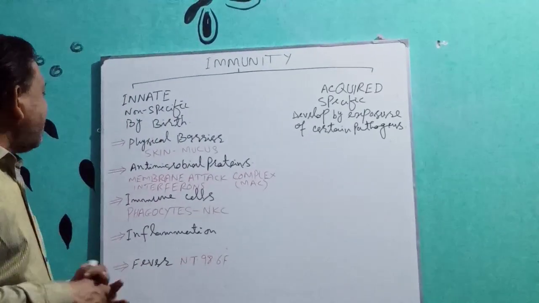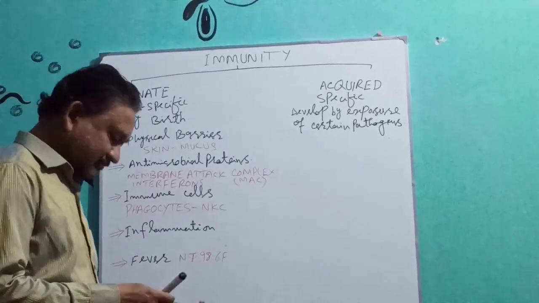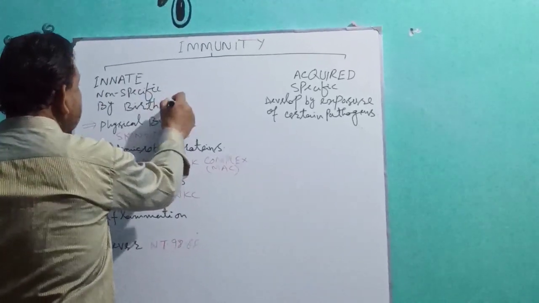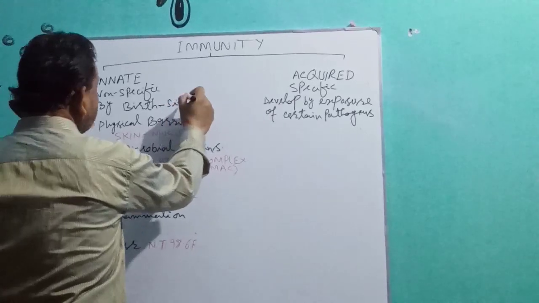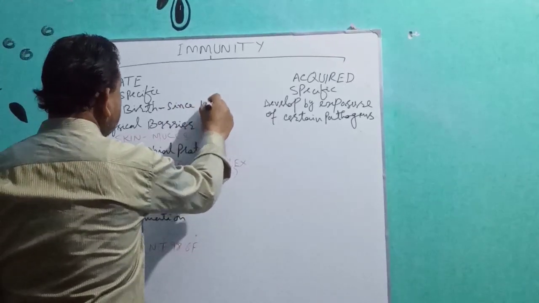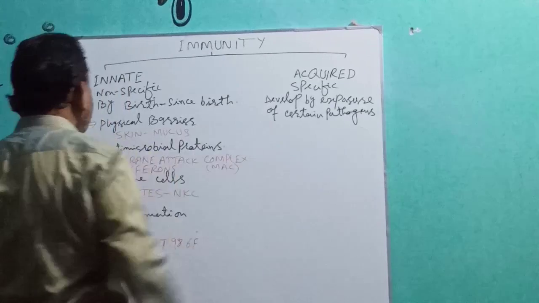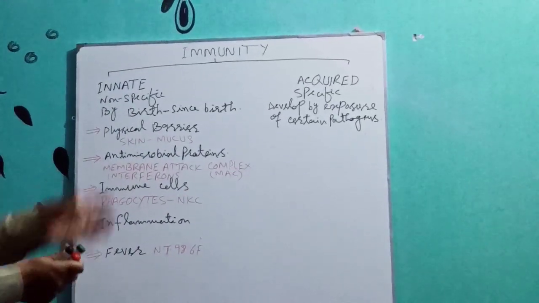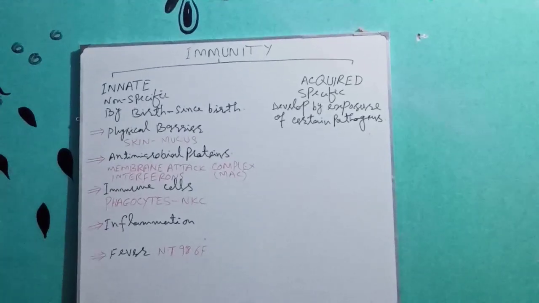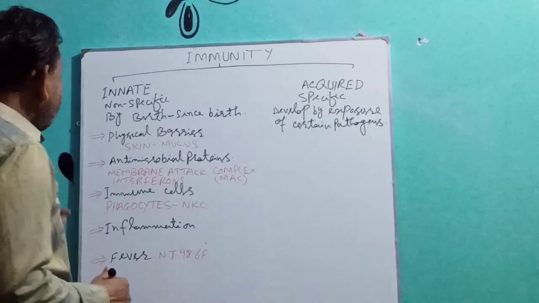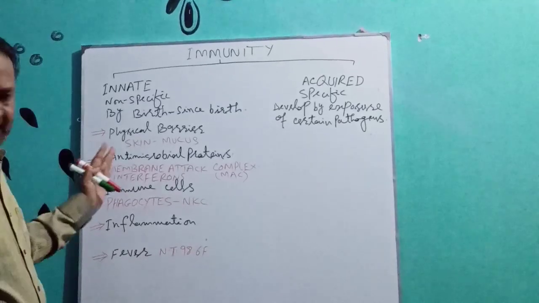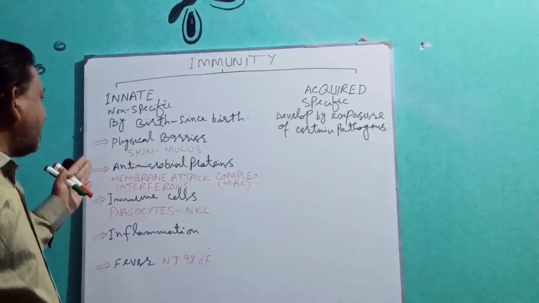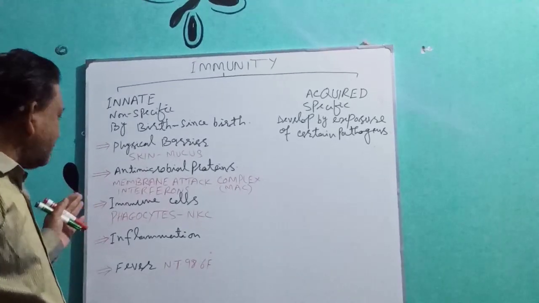The innate immunity is present since birth, whereas acquired immunity develops after the exposure to microorganisms. The innate immunity is divisible into the physical barriers and the antimicrobial proteins.